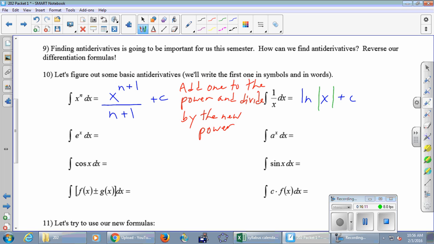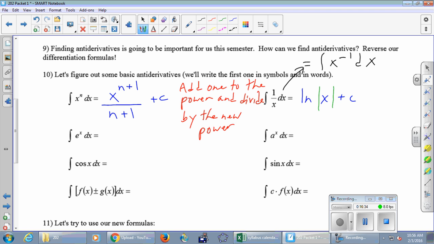Other thing, the first two rules actually conflict with each other because this tells you what to do with x to a power. And 1 over x, this guy, is x to what power? -1, right? So it seems like we've got a conflict here, an overlap. Well, let's see what happens. If we do our new rule here in red, add 1 to the power and divide by the new power.